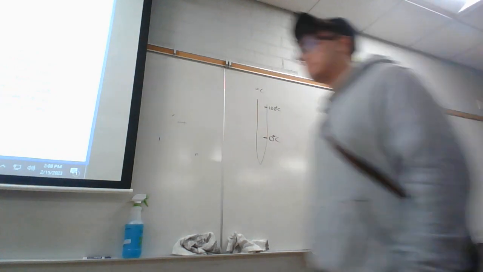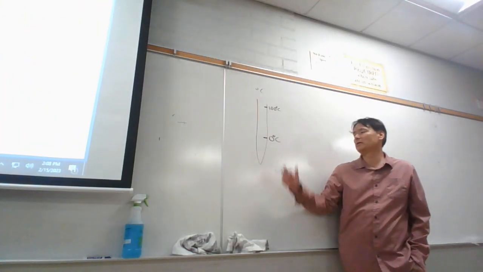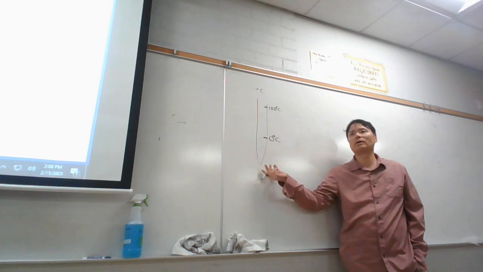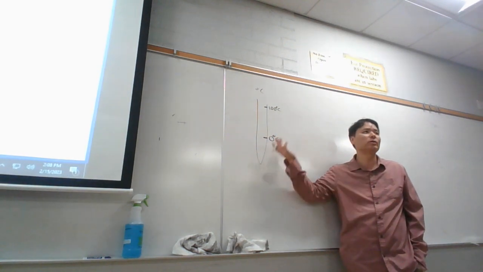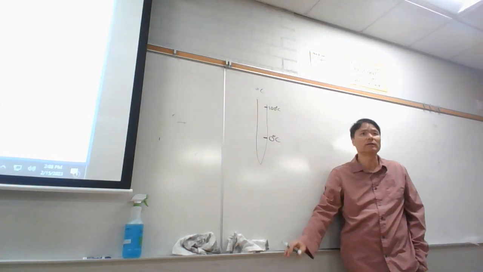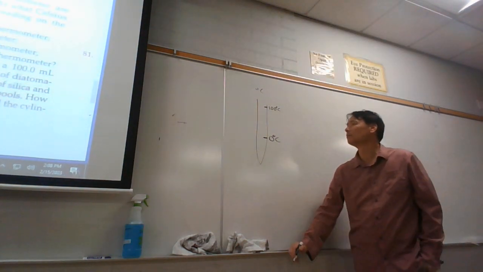So what we do is we use this to calibrate the thermometer. If you put this in ice water, it should be reading 0 degrees C. If you put it in boiling water, it should be reading 100 degrees C. So you can see if your thermometer is off a little bit. So we can calibrate it.